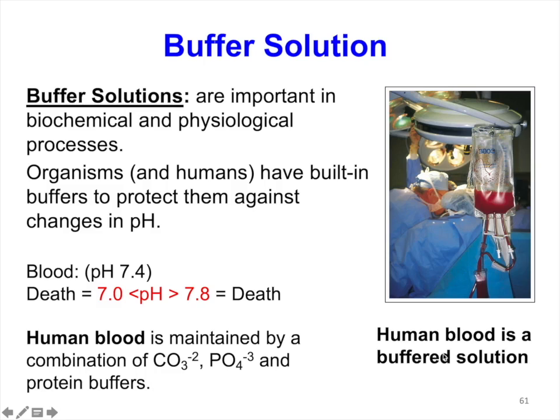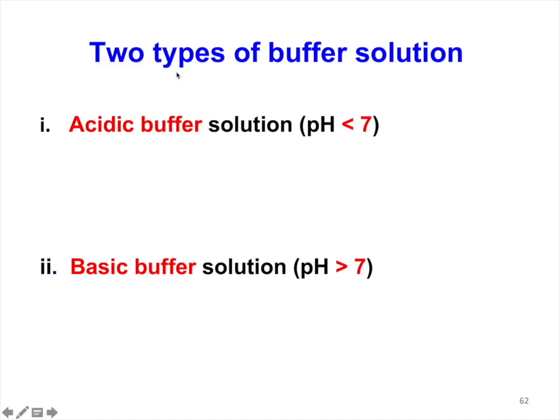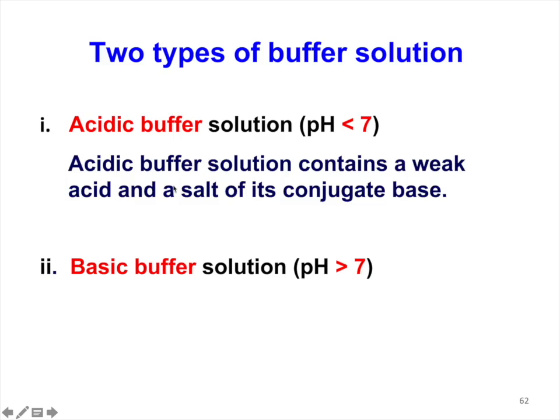There are two types of buffer solutions: acidic buffer solutions and basic buffer solutions. For the acidic buffer solutions, the pH is less than 7. These acidic buffer solutions contain a weak acid and a salt of its conjugate base. For the basic buffer solutions, the pH is more than 7.